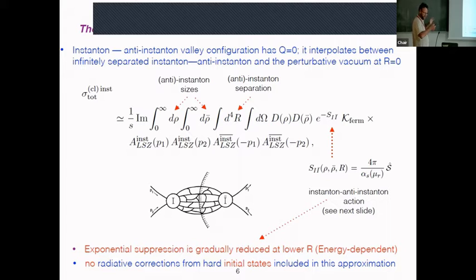The action also gets reduced as I reduce the separation. And where will this instanton anti-instanton separation be? Well, we just have to perform the integral, and it would be determined by the energy characteristics of the process.